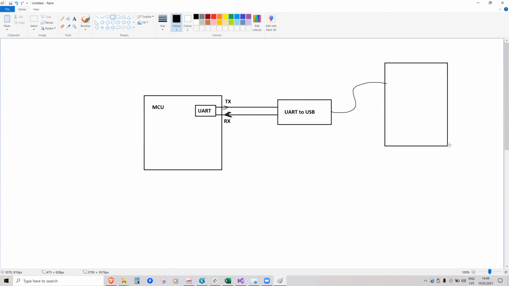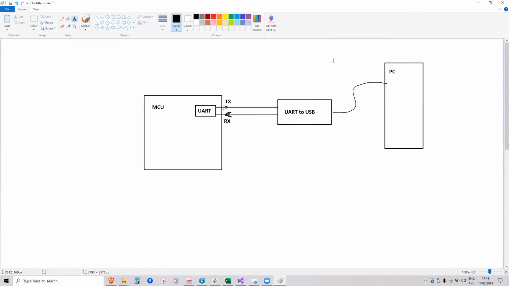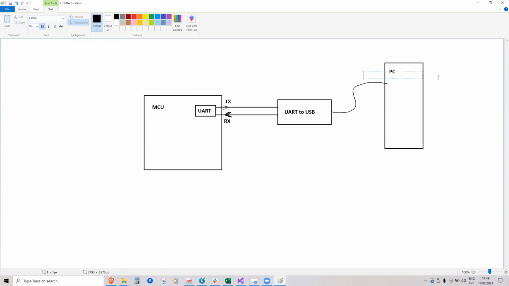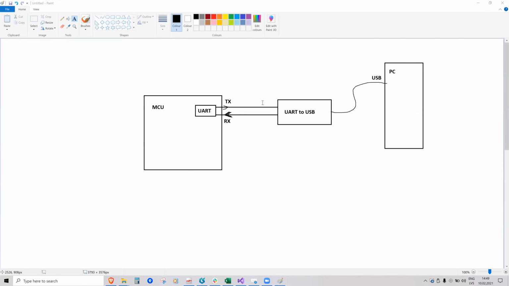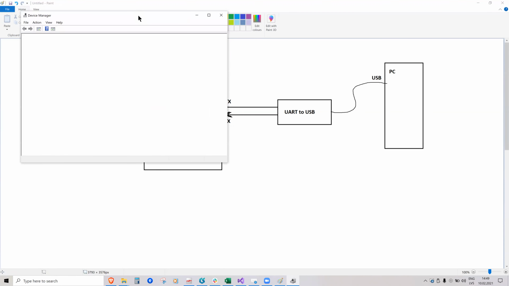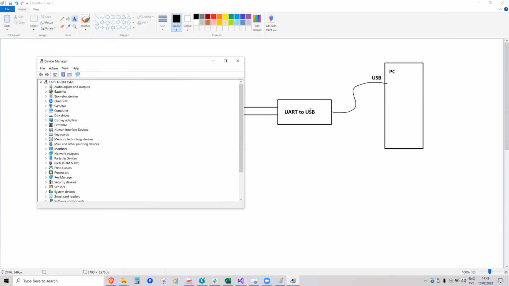Okay, so there would be your PC, personal computer or laptop or Linux or Macintosh computer, whatever. So USB connection. And inside the computer, in the device manager, you can actually check how many USB to UART devices you have.